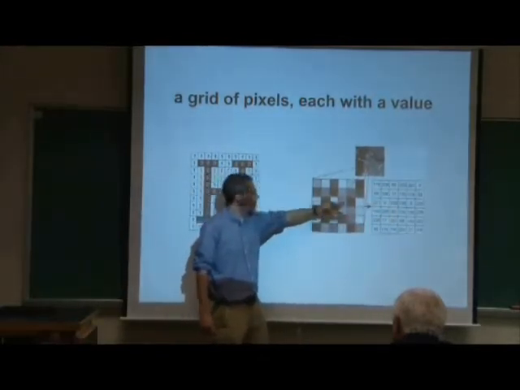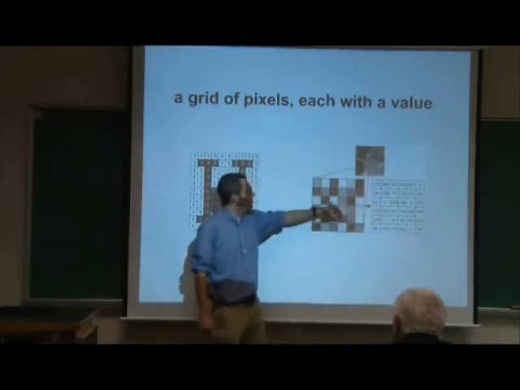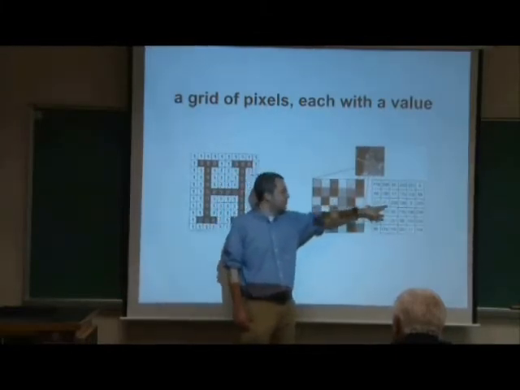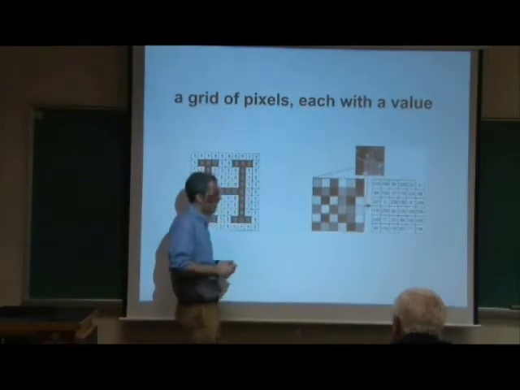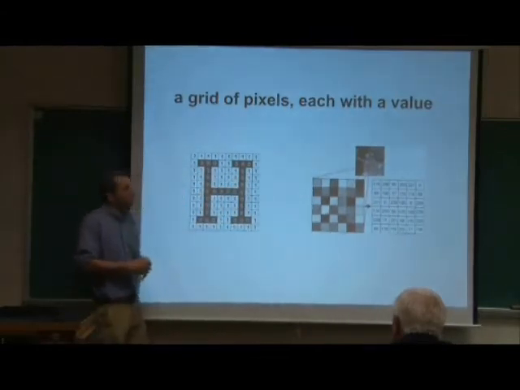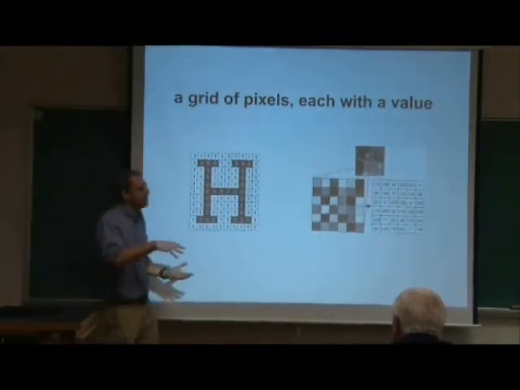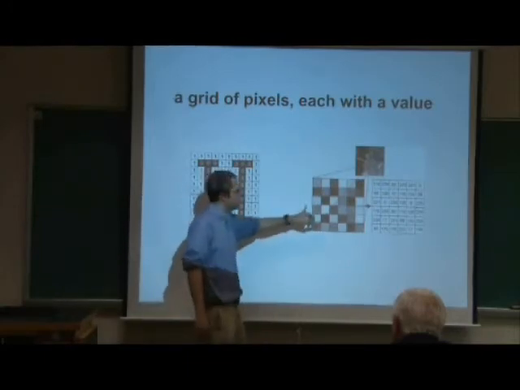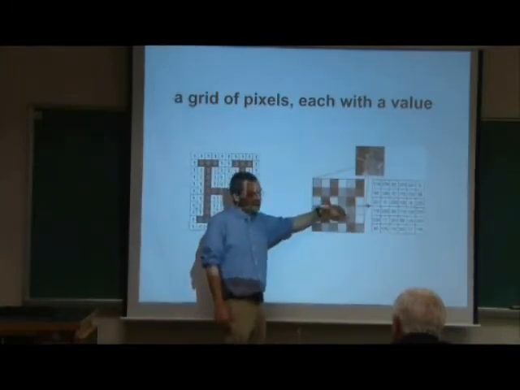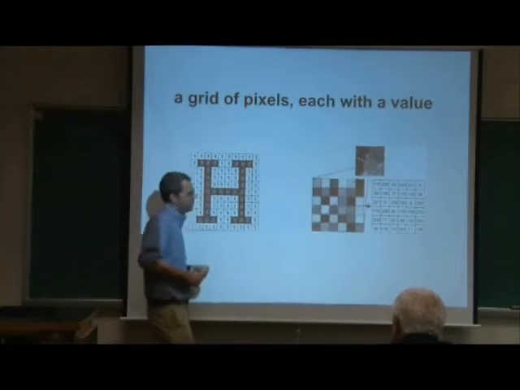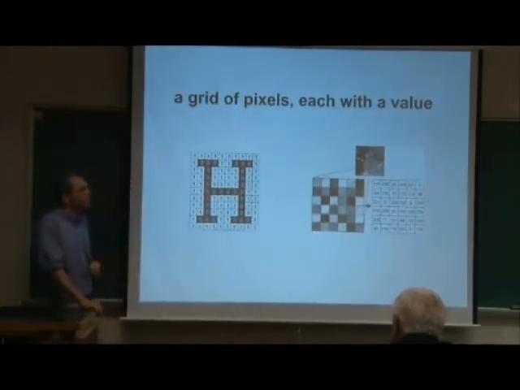So this black pixel here corresponds to 0, this very light, almost white one, 238, and so forth. So when you get into color, then you get into another level where there's often a red, a green, and a blue value for each one, and that's how you make a color pixel.